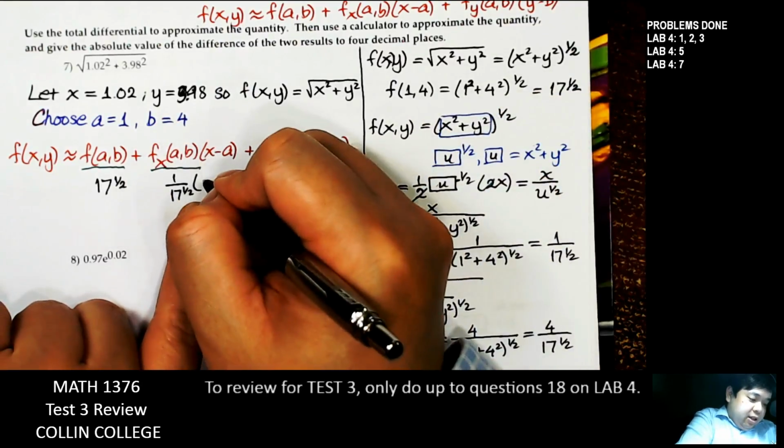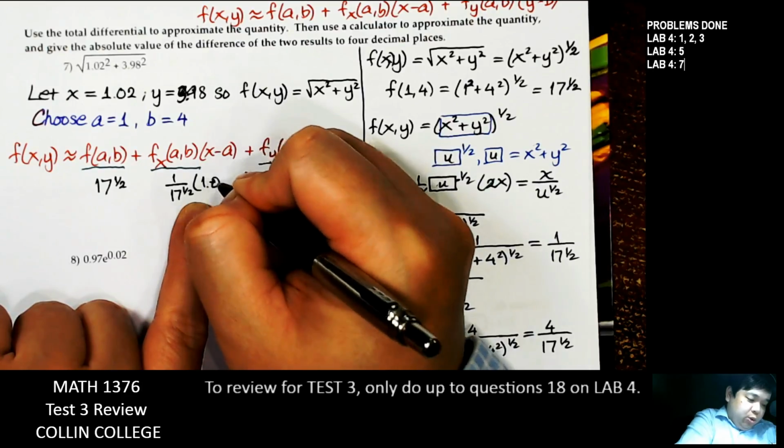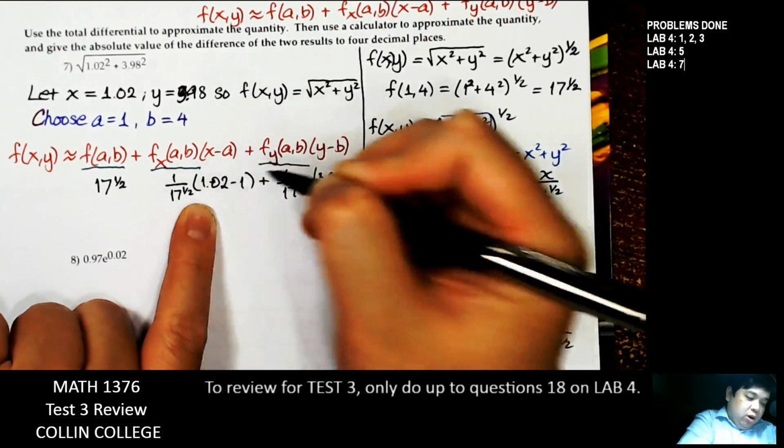And then x is 1.02, so x minus a is 0.02.